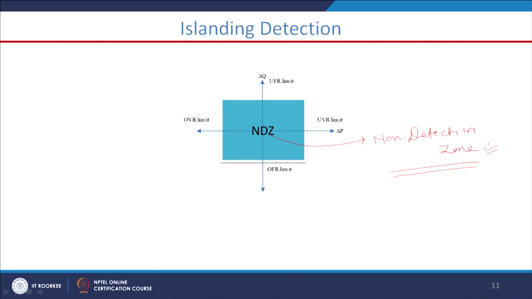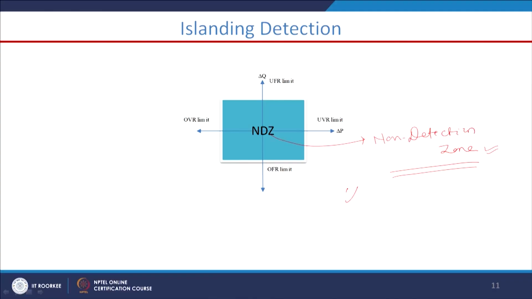Very simple definition. It is not able to detect the islanding condition, so that particular situation is known as NDZ, non detection zone.